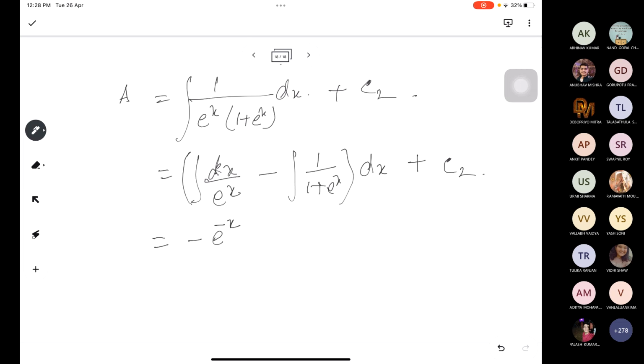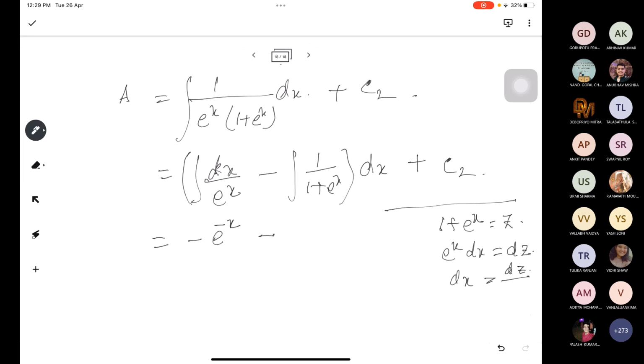e to the power of minus x. Now to integrate this, you can add and subtract e power x. Now, let 1 plus e to the power x be equal to z. So e to the power of x dx will be equal to dz, so dx will be equal to dz by z minus 1.